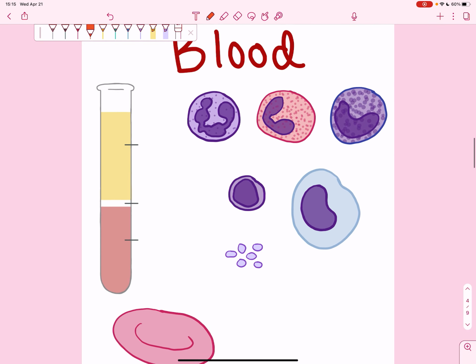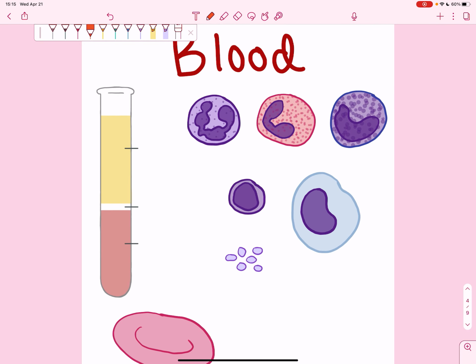Blood, blood, blood. Okay. With blood, I have this little test tube over here, so I'm just going to label that test tube real quick. It's really a tube of centrifuged blood, but whatever.